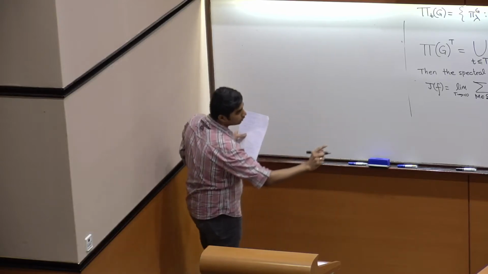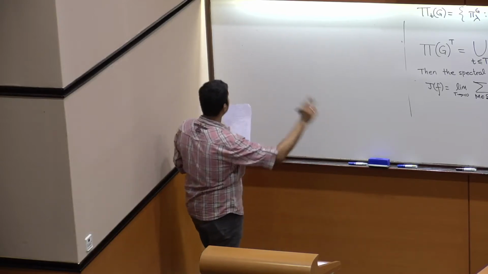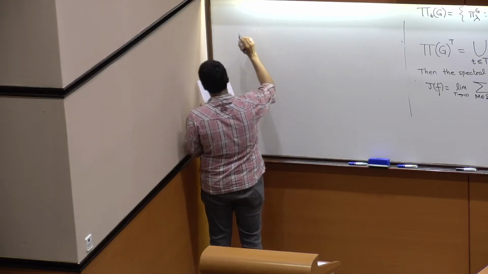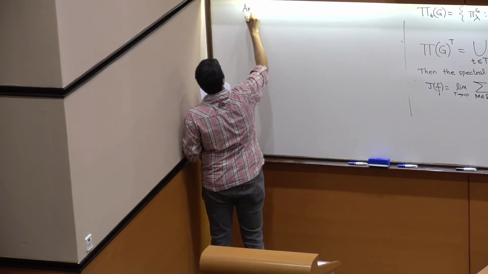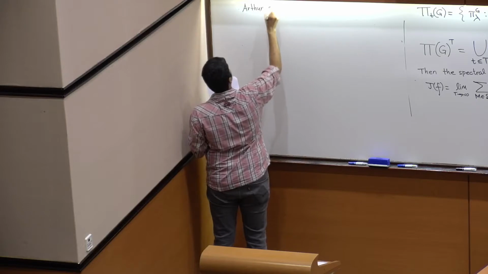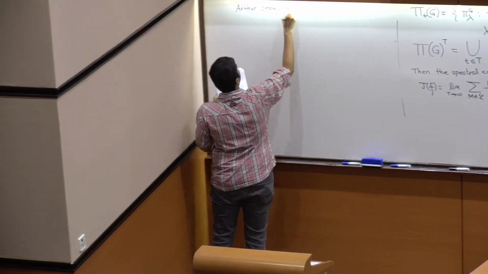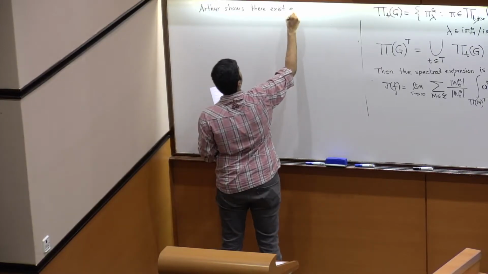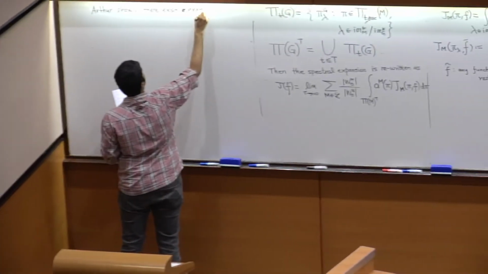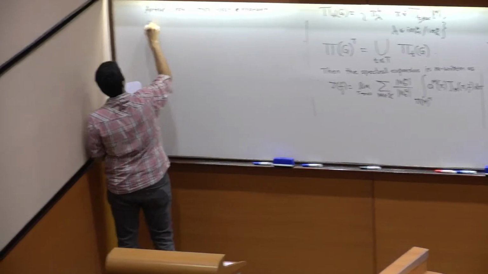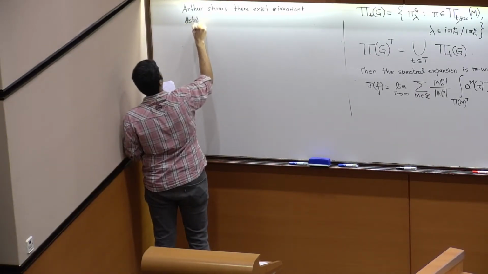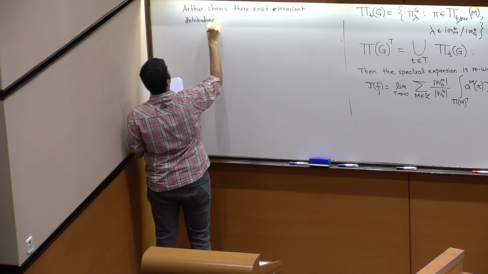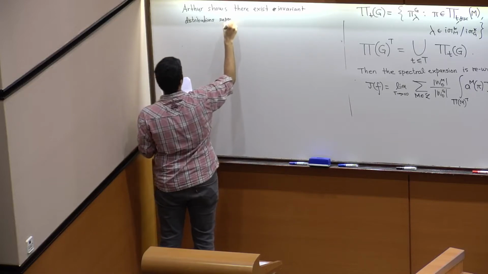So the main part of that theorem is the following statement that Arthur shows. So Arthur shows there exist invariant distributions supported on characters. I will tell what that means.